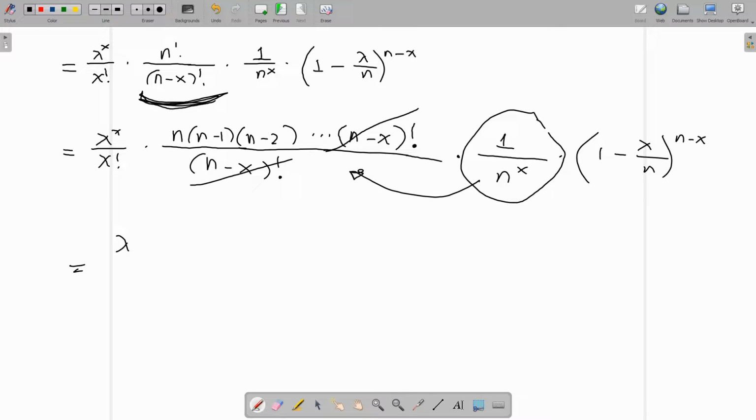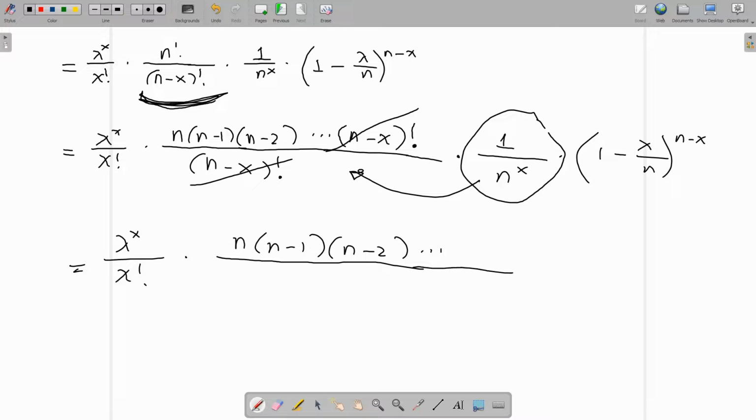So we have lambda raised to x over x factorial times n times n minus 1 times n minus 2 times up to n minus x plus 1 all over n raised to x.